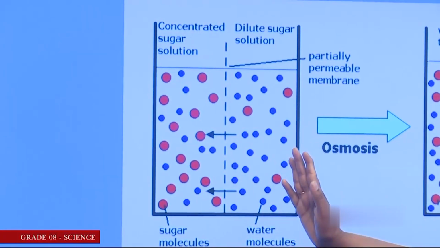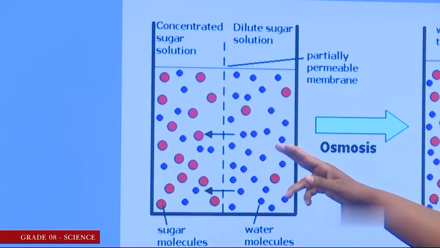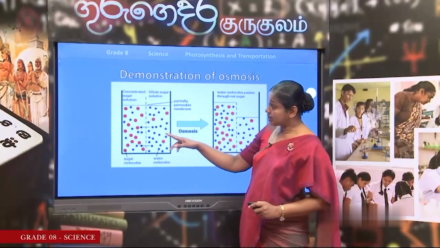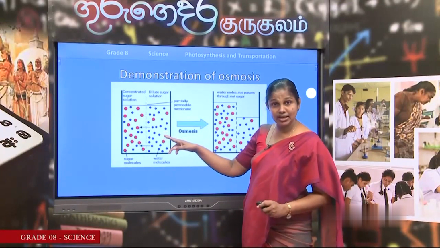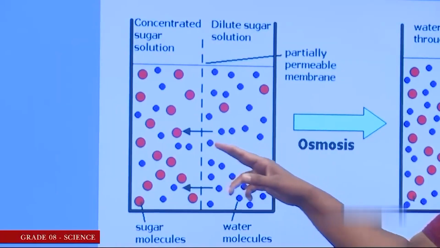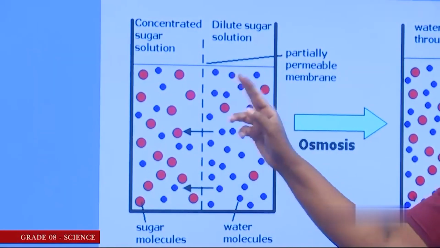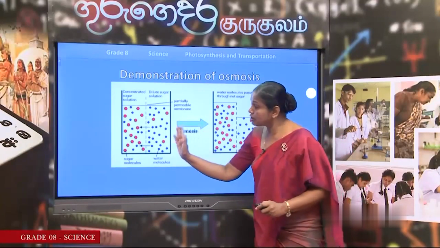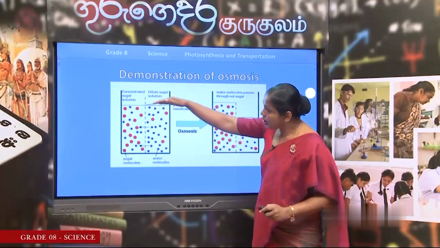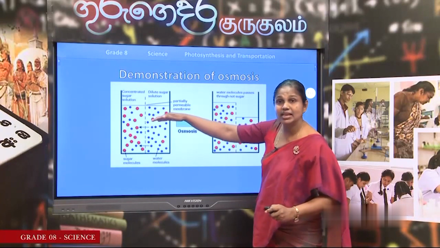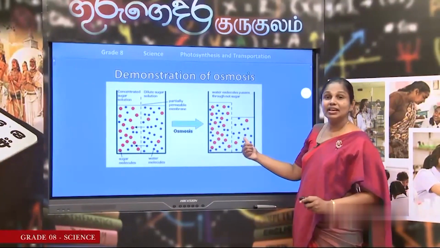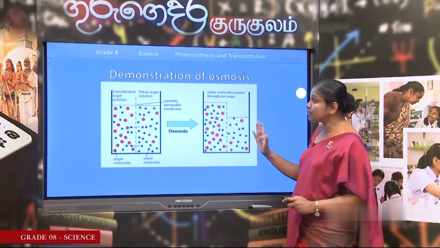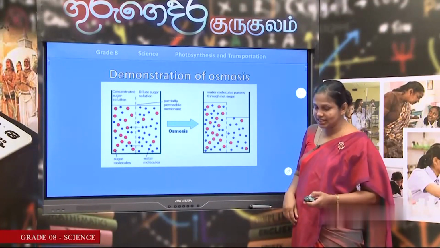On this side, there are more water particles and fewer sugar particles. Then what happens here? As there is high concentration of water on this side, water molecules move through this semi-permeable membrane towards the other side. After water molecules move to the other side, the water level on this side decreases. This is what happened after water molecules moved to the other side. This process is called osmosis.